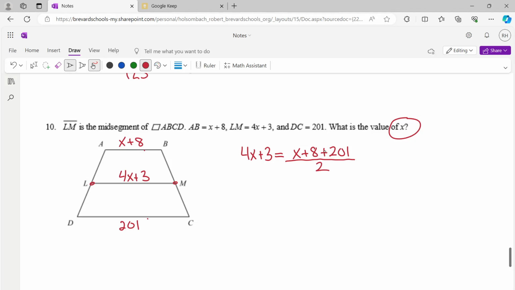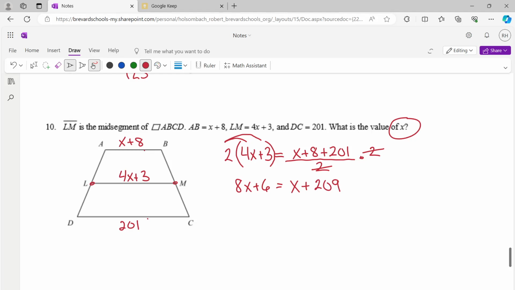So the first thing we're going to do is get this 2 out of the denominator, and we do that by multiplying both sides by 2. And make sure you use the distributive property on the left-hand side of this equation. We got 2 times 4x, which is 8x, and 2 times 3, which is 6. And that's equal to, on this right-hand side, we multiplied by 2, so these would cancel out. Our x falls down, plus 8 plus 201 is 209.